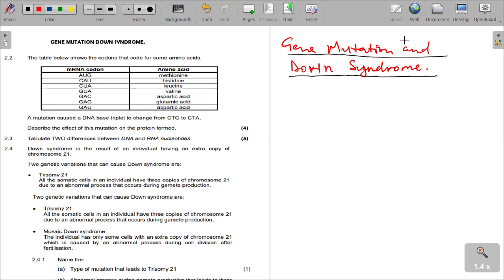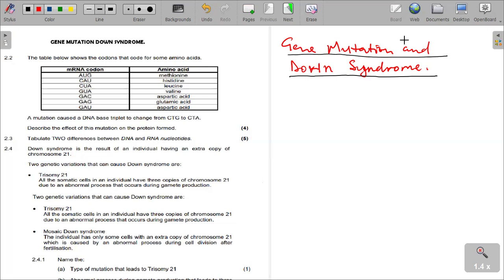So mutation is basically a change in the sequence of nitrogen bases on the mRNA that results in the formation of different proteins during protein synthesis. I'm sure you understand that mRNA is formed from DNA during the process of transcription.